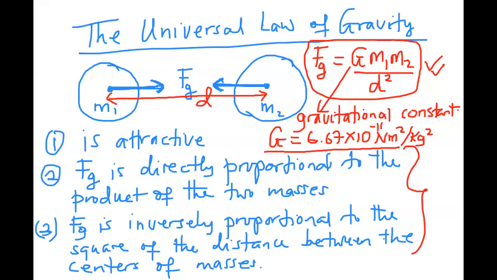Smaller masses will not produce a measurable effect of gravitational attraction. This has a very important lesson here. In order for you to appreciate gravity, we need to involve huge amounts of mass. That's the meaning of the smallness of G.